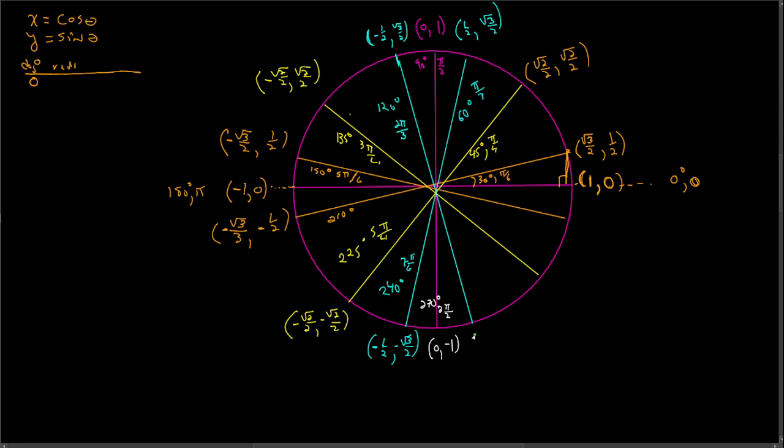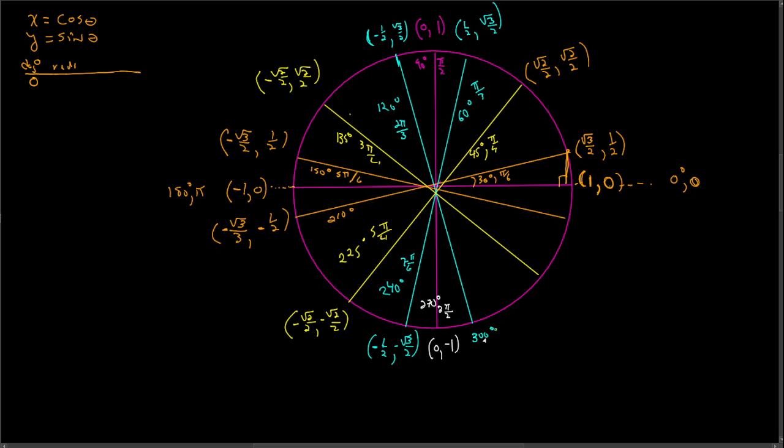We come here and we're at 300 degrees. Let's see, so 300 degrees divided by 180, so divide both by 6.